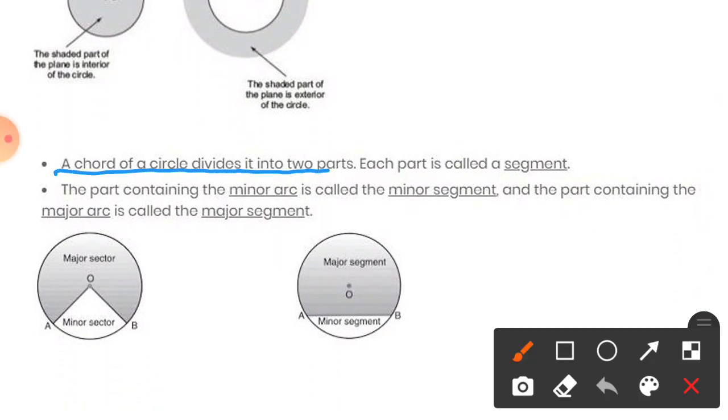Next, a chord of a circle divides it into 2 parts. Each part is called a segment. Correct? Here we discuss the chord and arc. So this is called a segment.